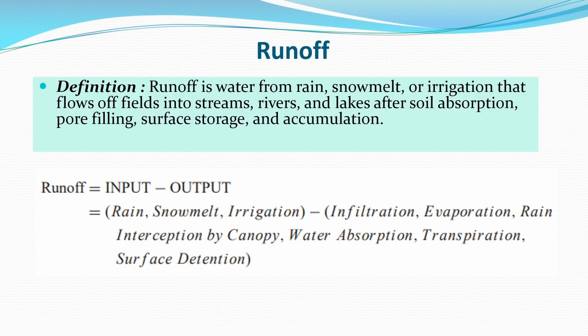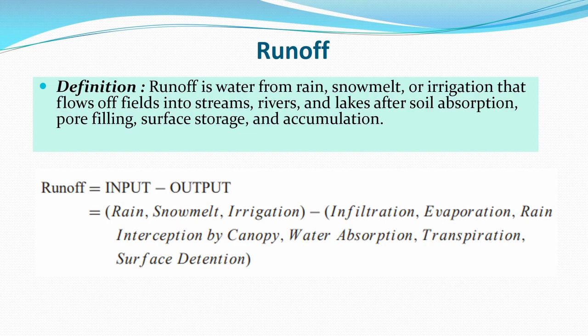So runoff is equal to input minus output. Input is rainfall, snowmelt, irrigation water, and output includes infiltration, evaporation, interception by canopy, water absorption, transpiration and surface detention.